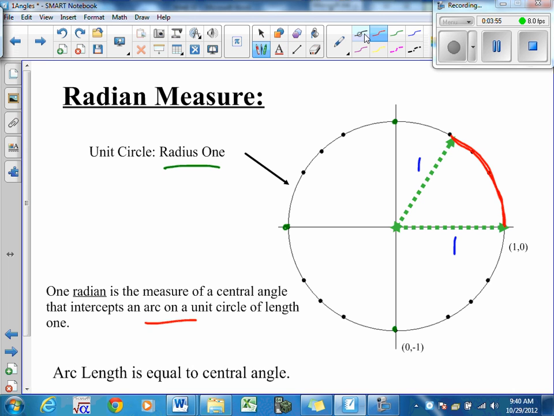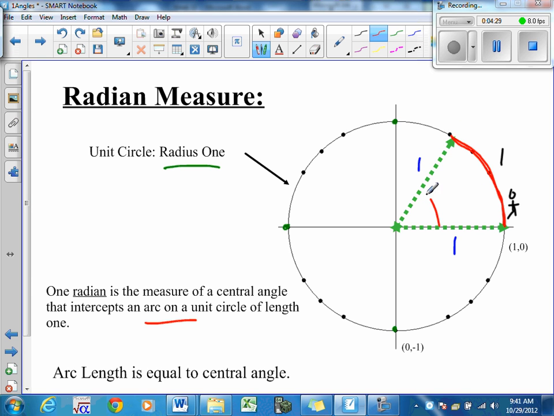So imagine you were to start right here and walk along this arc. How far would you go? What would be the distance? Well, this radius is 1, and this is 1, and this arc is 1. So if you walk the same distance from the origin to here, from here to here, and along this curve, they're all exactly 1.